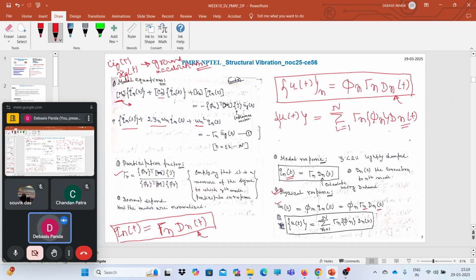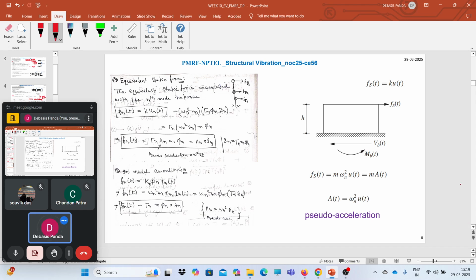By this way, we can calculate the responses corresponding to different modes when an MDF system is subjected to an earthquake. So using the modal representation, we can solve it.